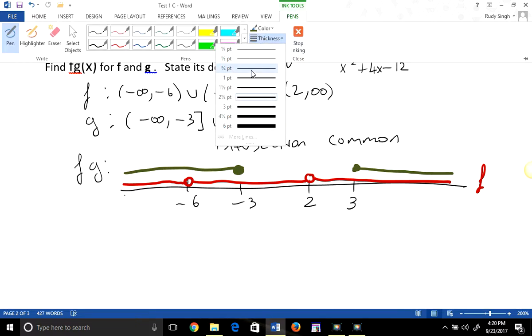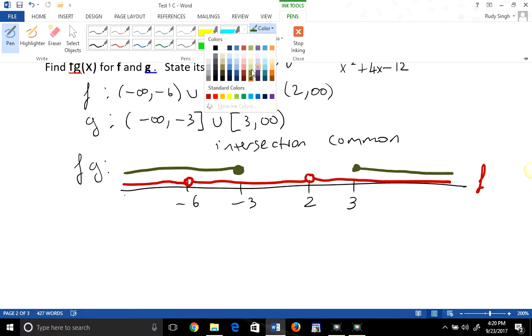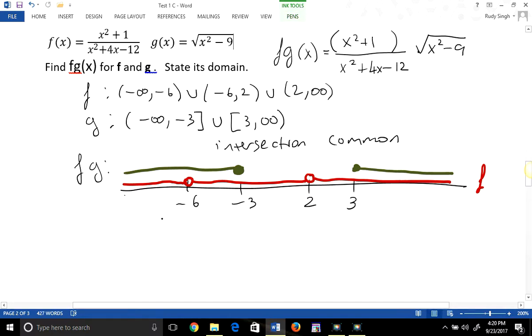So the thing we have to think about is, where do they overlap? And you can see the green and red overlap all the way to negative 3, but not here at negative 6. So we could say, negative infinity, we want to go to negative 3, but we can't include negative 6, so we'll have to go to negative 6 and not include it, and union, and then go from negative 6 to negative 3 and bracket it, because we can include negative 3, and that is in the domain of f, that red.